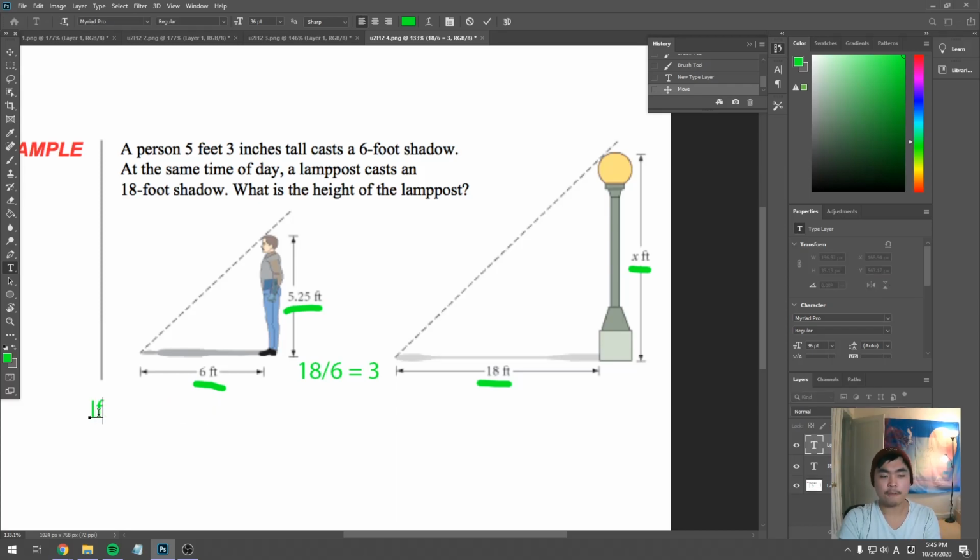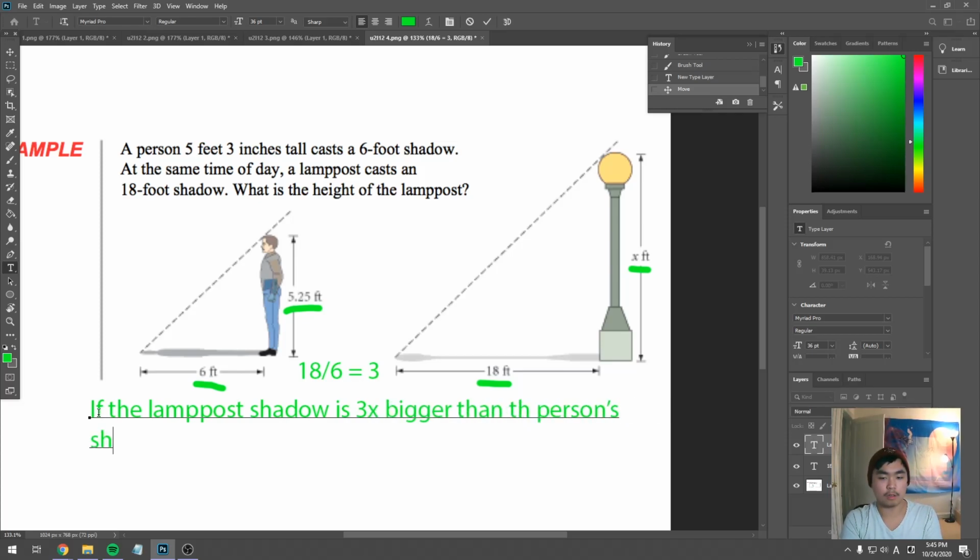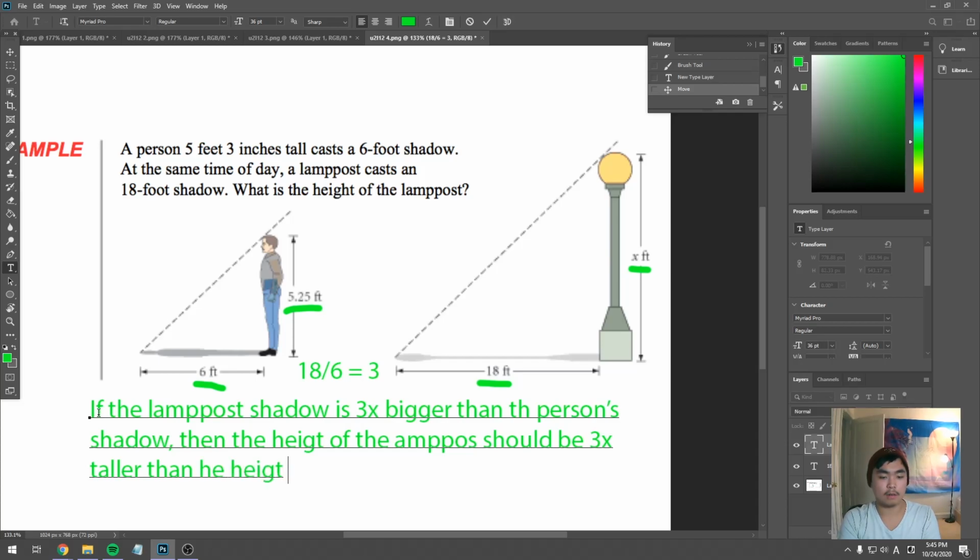So, if the lamppost shadow is 3 times bigger than the person's shadow, forgive the misspellings, then the height of the lamppost should be 3 times taller than the height of the person.